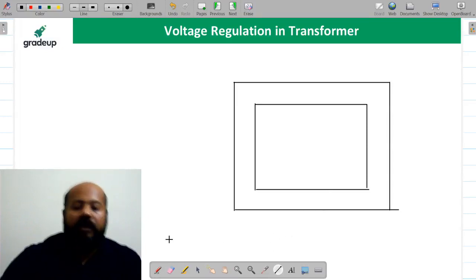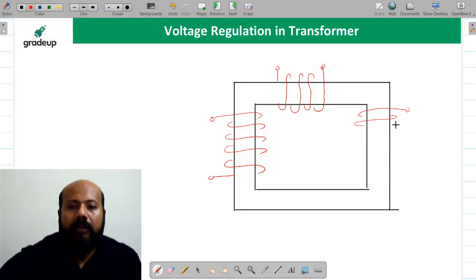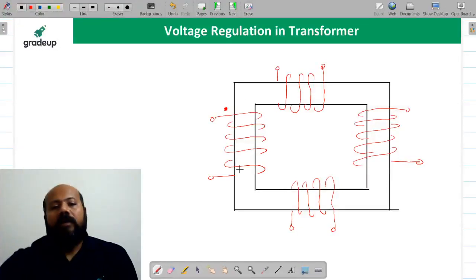Okay. Now suppose it is a transformer core. And suppose these are the windings. Suppose this is the supply side.